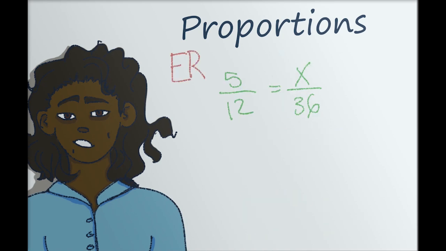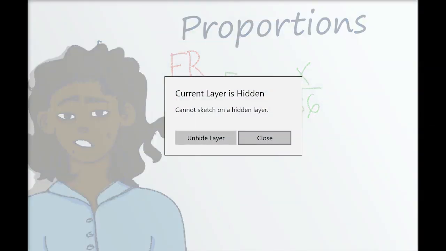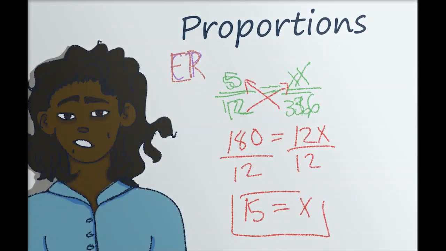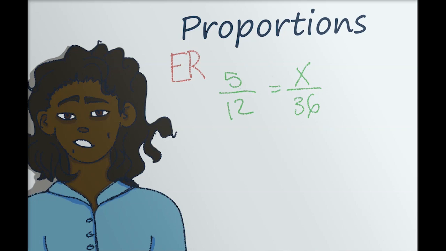Equivalent ratios is pretty much what we've been doing this whole time. It's finding a common denominator. I'm gonna have a special color for this. There we go. So what you need to do is find a common denominator. For finding the common denominator, you have to multiply 12 by 3 and multiply 5 by 3.